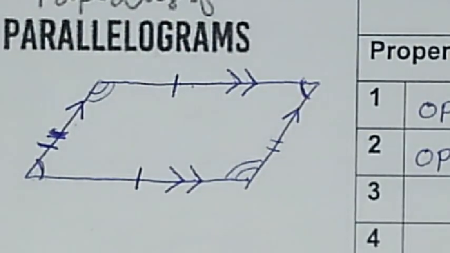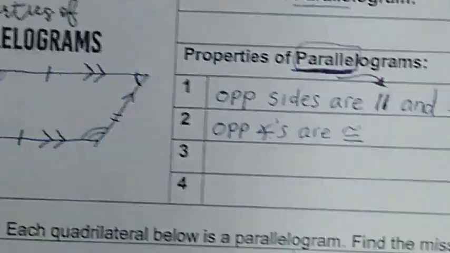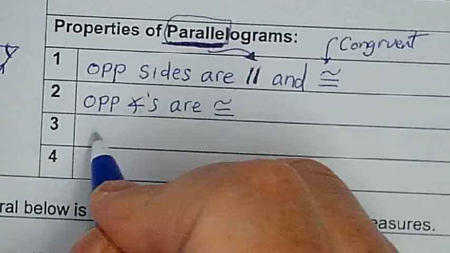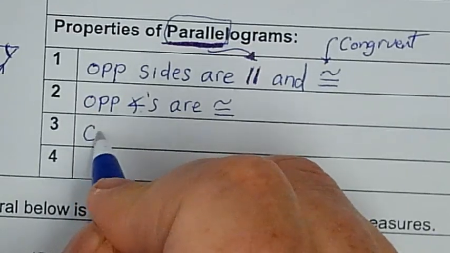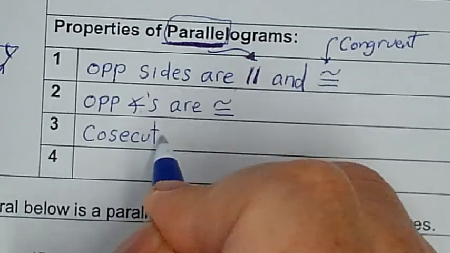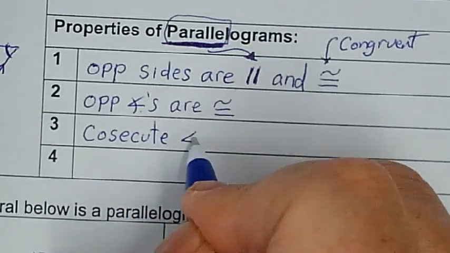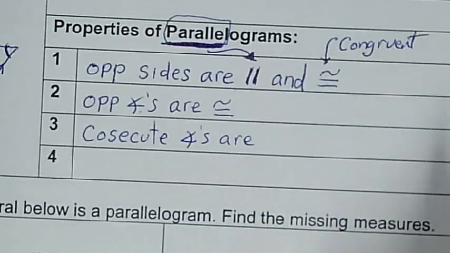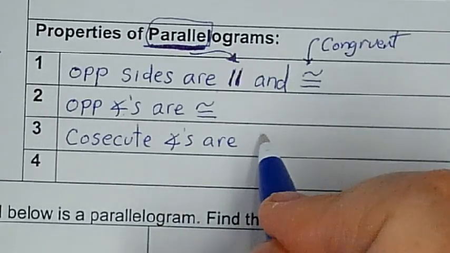One of my favorite ones, I'm just making that up, it's not really my favorite. Check this out. Consecutive angles are, I hope you remember this word. I'm abbreviating it.